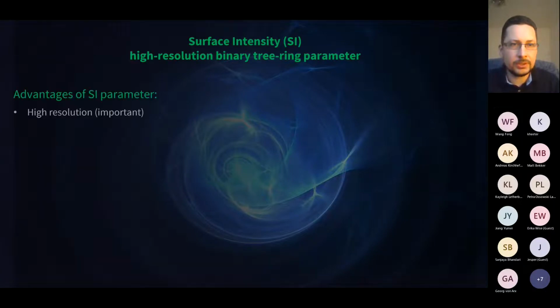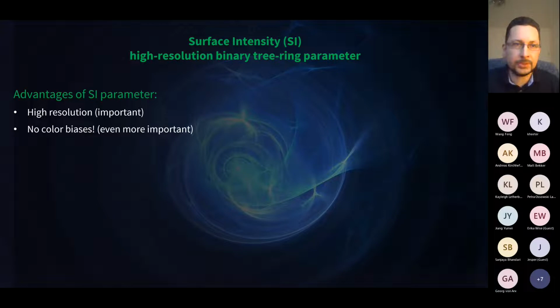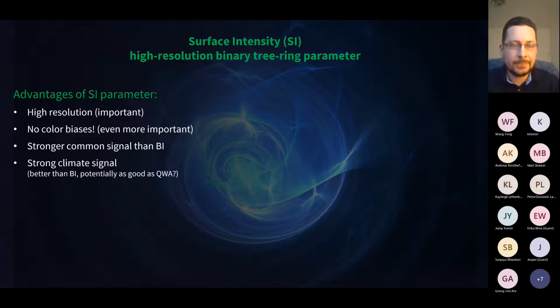So, a very quick sum up. Some potential advantages are the high resolution of the surface intensity parameter. We don't have color biases, or we can get around them. Typically, SI has a stronger common signal than blue intensity. The climate signal is typically also stronger and usually better than blue intensity, although not in all cases.